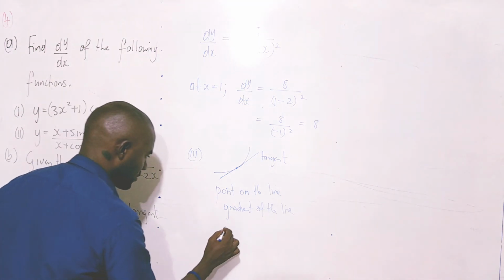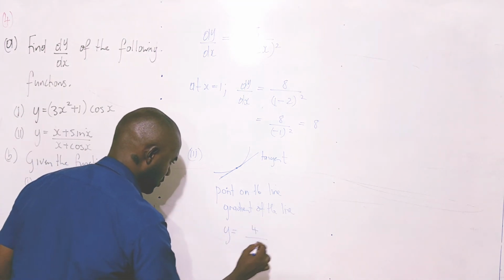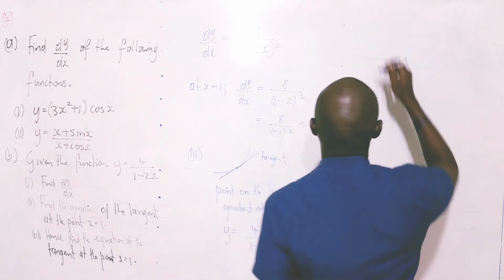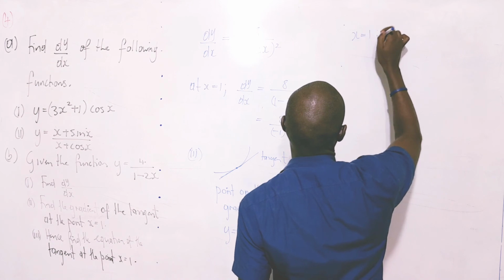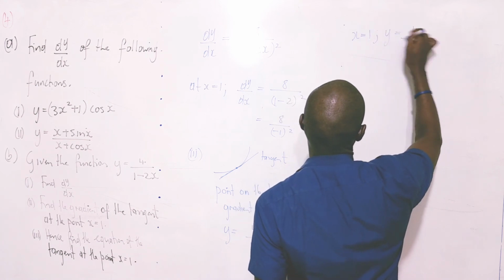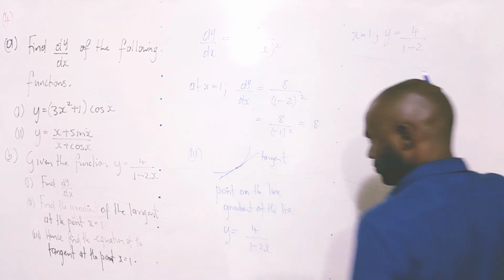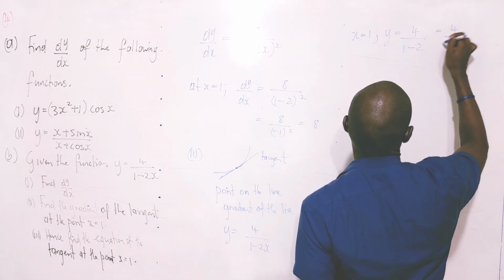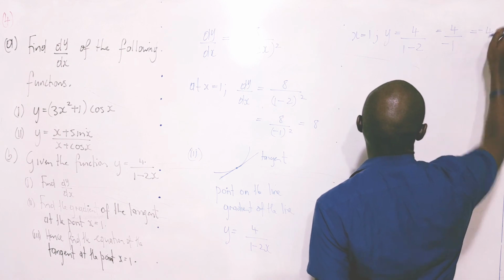So y is equal to 4 over (1 minus 2x). At x equals 1, y is equal to 4 over (1 minus 2), which gives us 4 over minus 1, which is equal to minus 4.